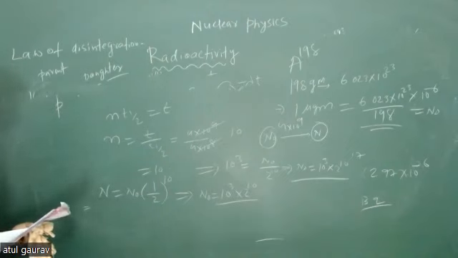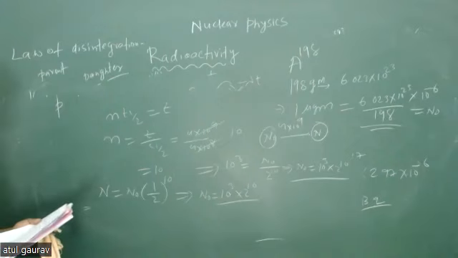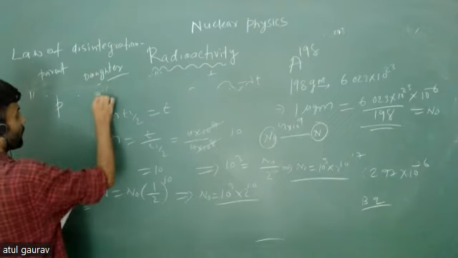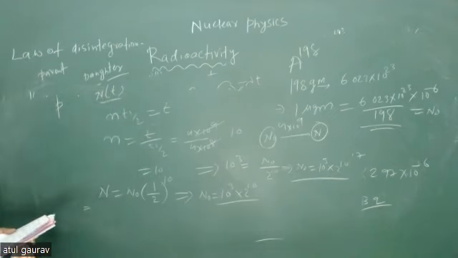Find the number of nuclei n of t present T seconds after the production.